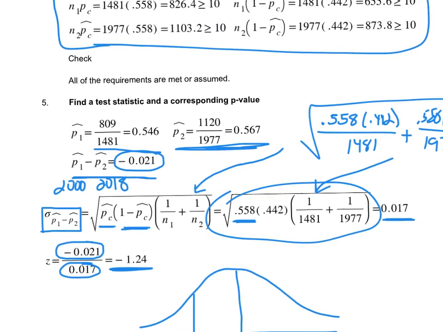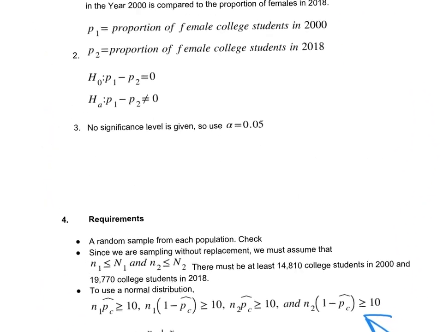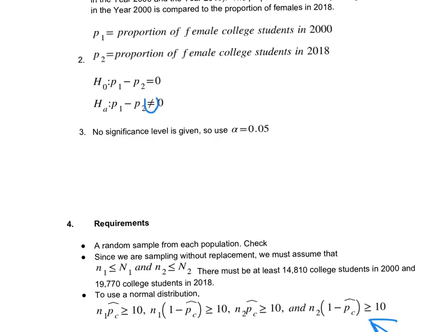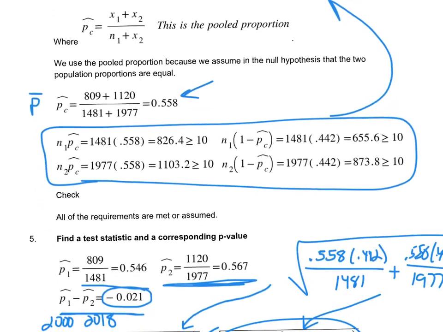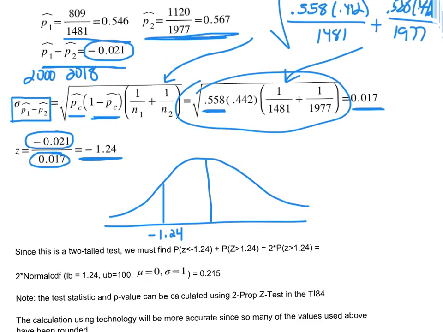Okay, back to the null hypothesis real quick. This is not equal to, so this is a two-tailed test, remember? We're just testing if there is a change in the number of college students who are female, so I actually want to go to 1.24 as well, and I'm interested in both tails.